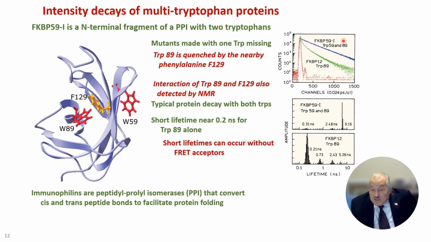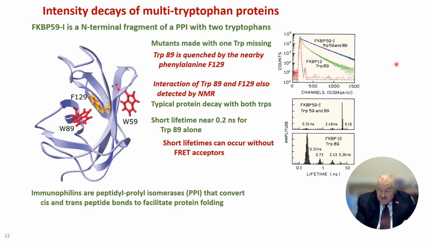When both tryptophans are in it, you get the normal intensity decay, and this is the lifetime distribution here for the protein with two tryptophans. So it's the usual set of lifetimes: a sub-nanosecond one, a nanosecond one, and a dominant 6 nanosecond one, which we'll see is a common feature of many proteins.